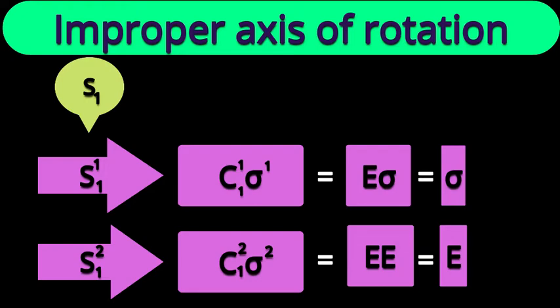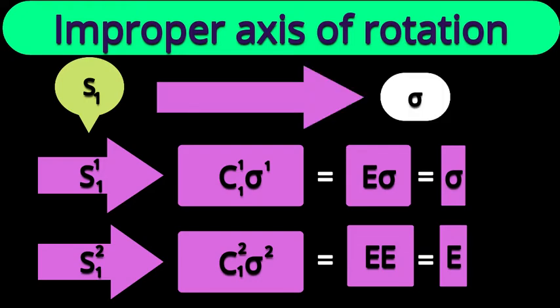If I continue the S1 operation, meaning the second time I perform the S1 operation, what does it mean? C1 two times and sigma two times. C1 two times means again identity, and sigma two times, an even number, so again identity. So the result is identity. So S1^2 is equal to identity. How many operations are possible here? Two operations are possible on the S1 axis.